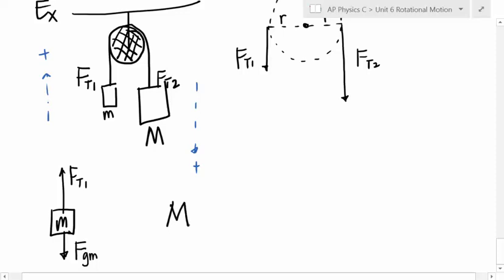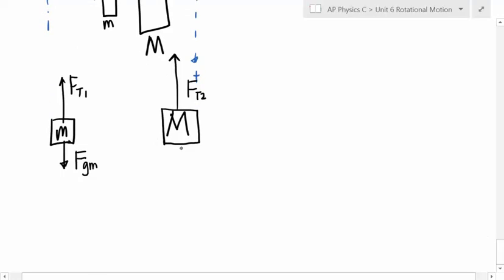The big mass will have a tension force up, Ft2. It has to be greater than Ft1, otherwise it's not going to make the disc rotate. And then this gravitational force has to be even bigger.